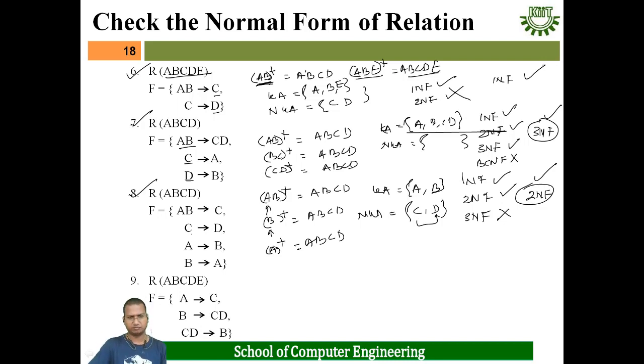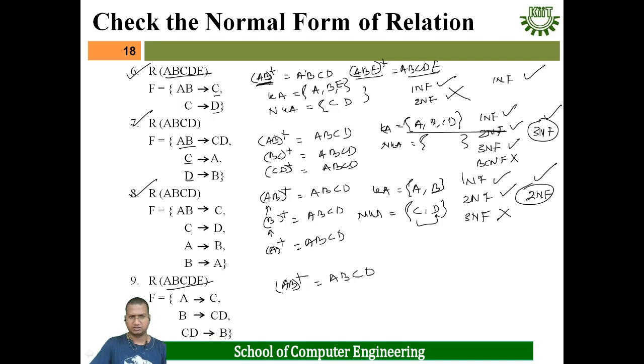Now check for question number 9. In this case, R(A, B, C, D, E), and functional dependencies A determining C, B determining C, D, C determining D. Then we have to find out the key. First take AB closure. AB closure will be A, B, C, D. AB closure will be ABCD.